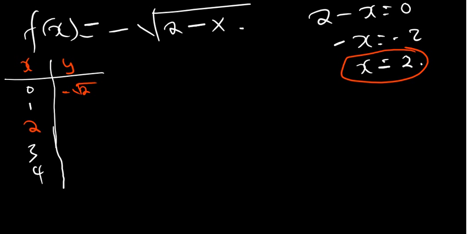2 minus 1. So what is 2 minus 1? 1. So what is the square root of 1? 1. 1 times negative, negative 1. If I plug in 2, 0. 0 times negative, 0.